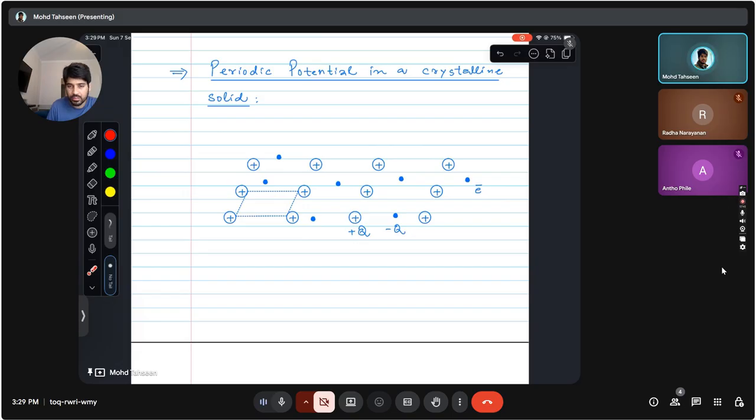They are at a further distance than in this direction. So in this direction, there would be a different electrostatic potential experienced by this electron when compared to the electrostatic potential computed in this direction.